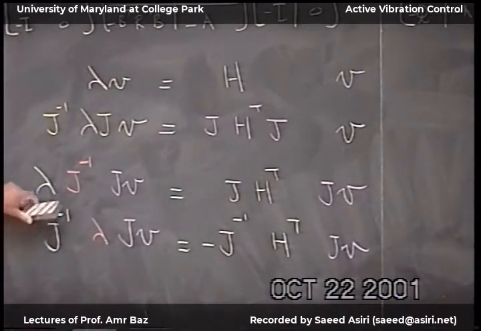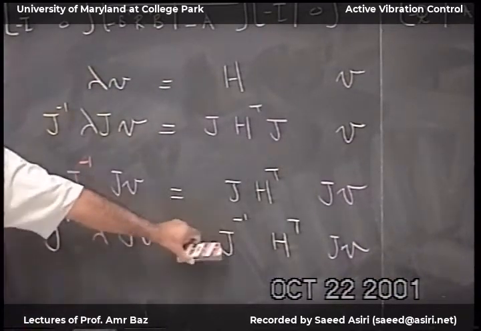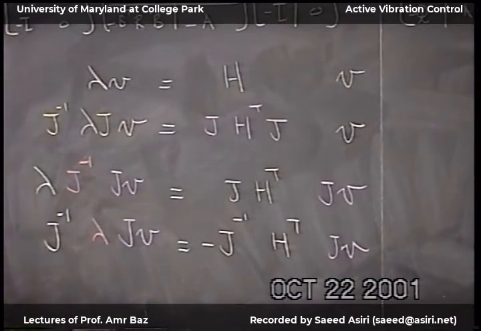Okay, and I can cancel this J inverse with this J inverse. Okay, I cancel this now.